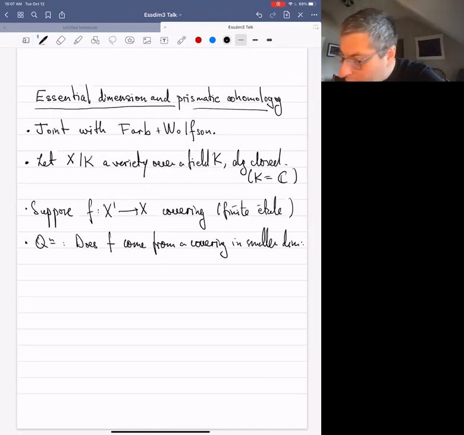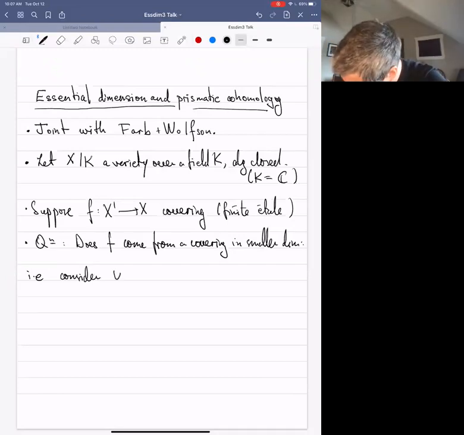So let's be a little more precise. That is, let's consider U inside X, a non-empty open, and diagrams of the following form.